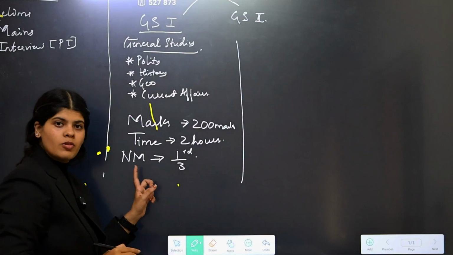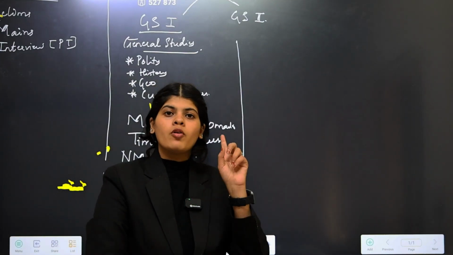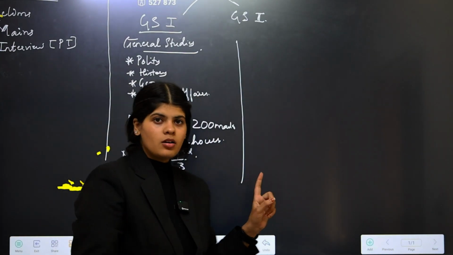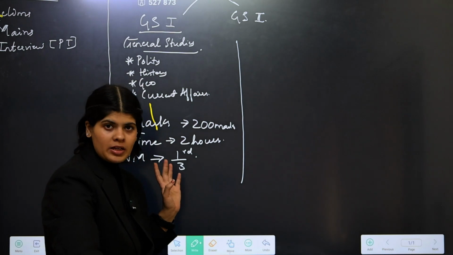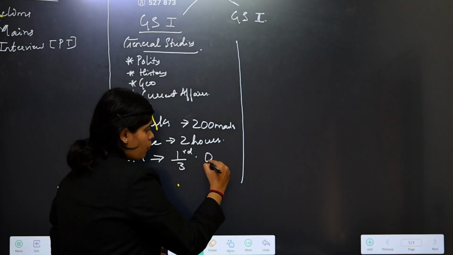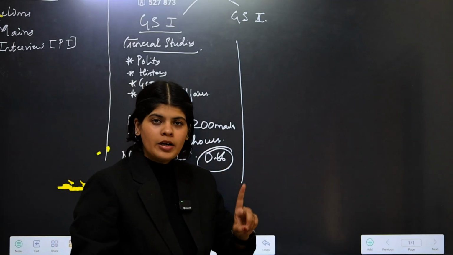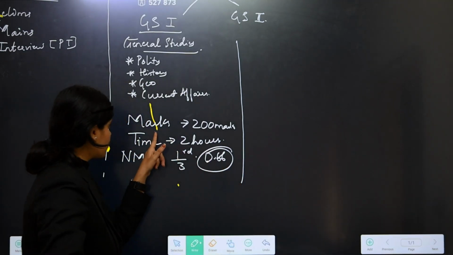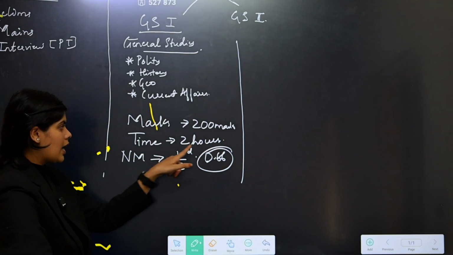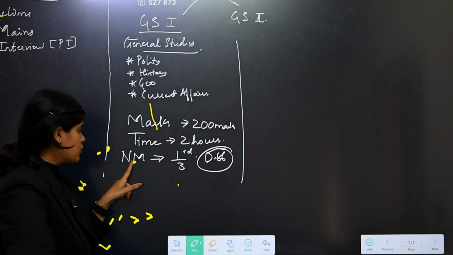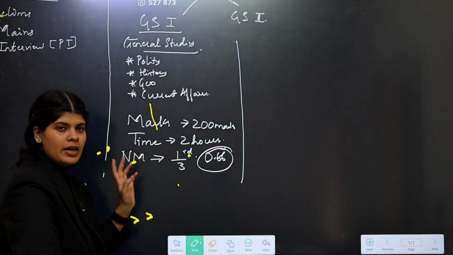So 1/3 negative marking means that for every wrong answer 1/3 marks is going to be cut, which is 0.66. So marks are 200, timing is 2 hours, and negative marking is 1/3.